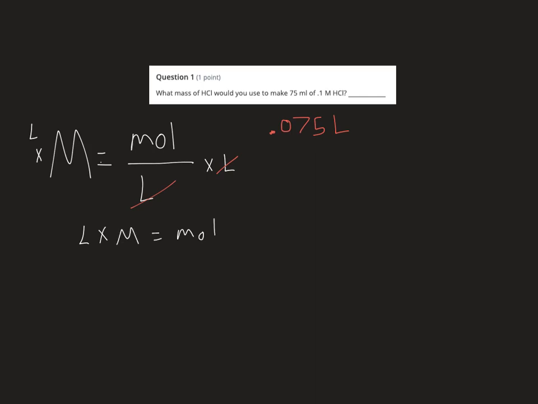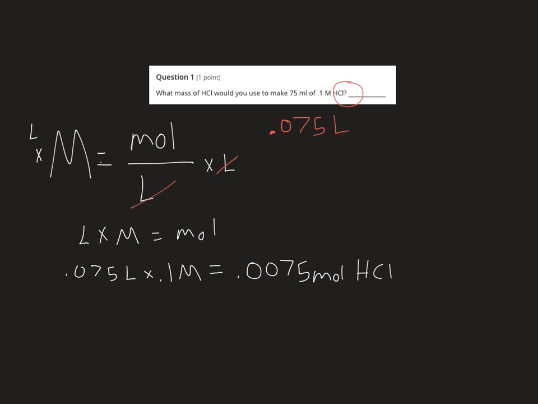So I plug my numbers in, 0.075 liters times 0.1 molarity gives us 0.0075 moles of HCl, because that is our solute, and it says that right here.